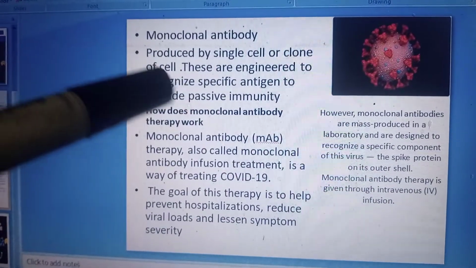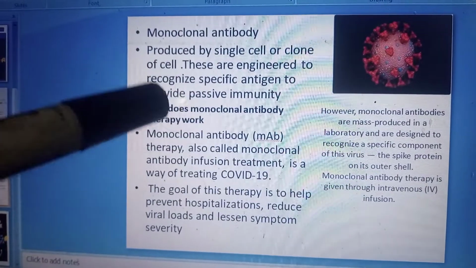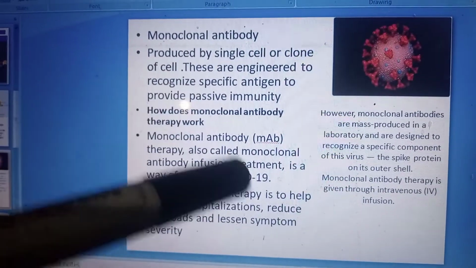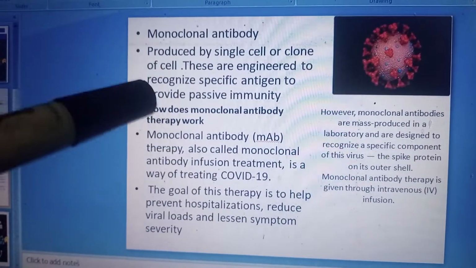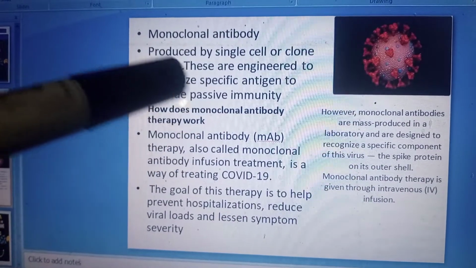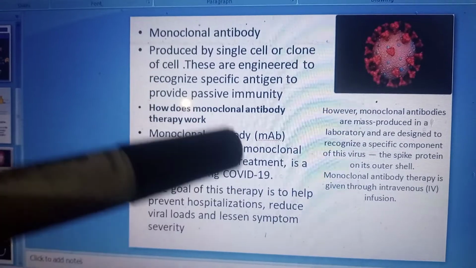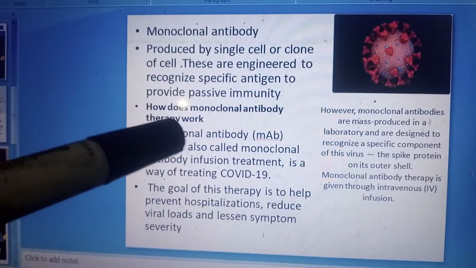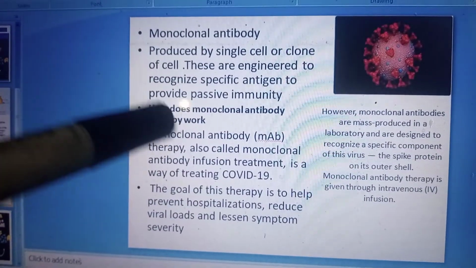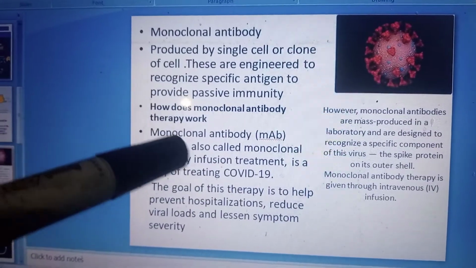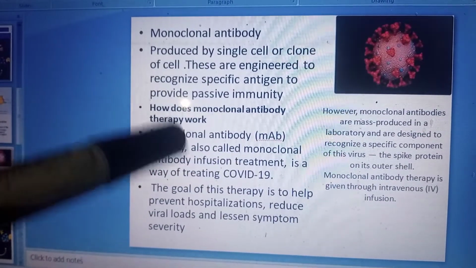What does it mean? It means that when we produce the monoclonal antibody, it will not respond to all antigens, but it will respond to a specific antigen, and it produces passive immunity.